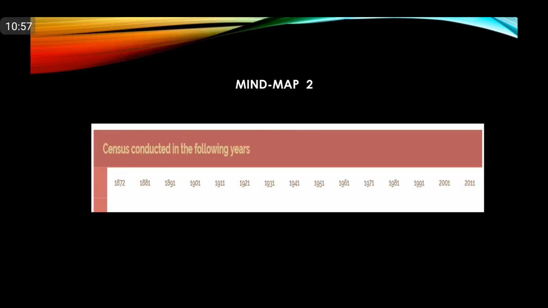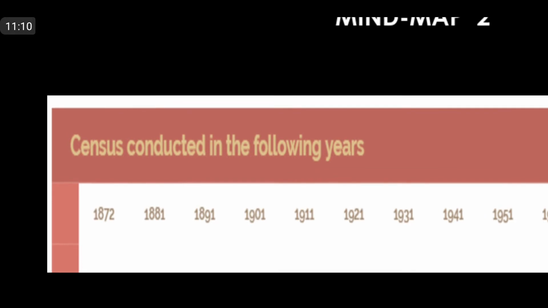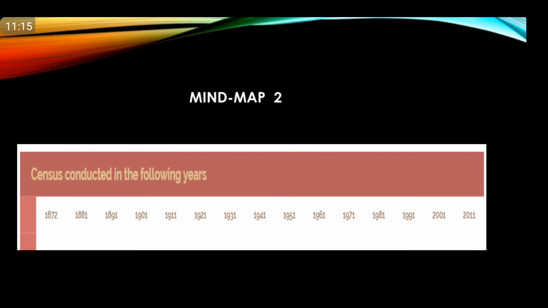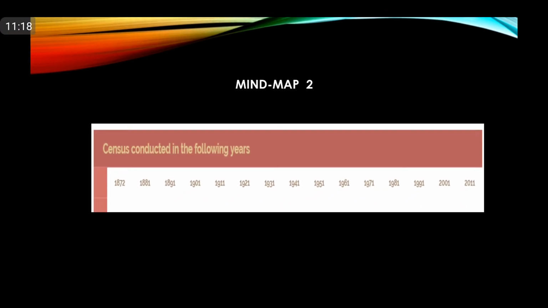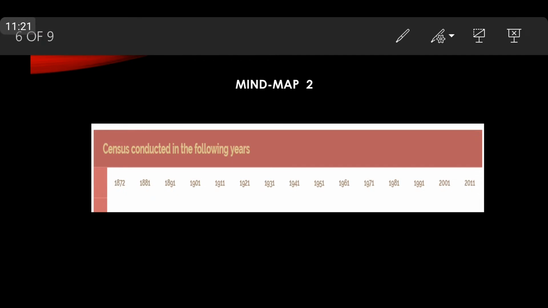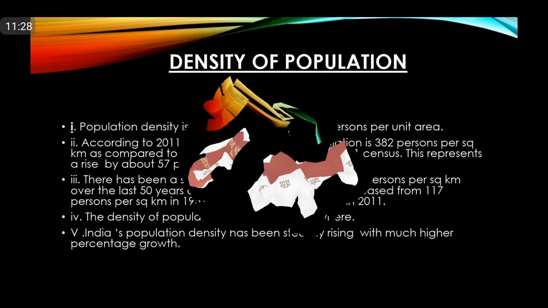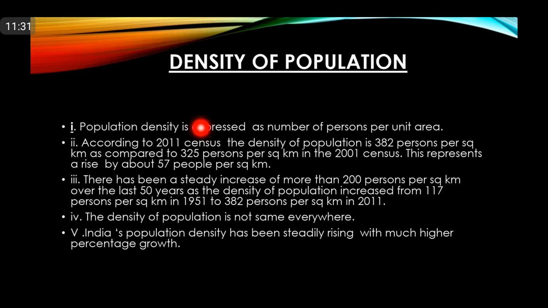There is one mind map which you can see, from 1872 to the last census, 2011, showing the years in which the census was conducted. Usually questions are not asked from here, but maybe if it comes, then in which year it was conducted, or what was the total population of India according to the last census, this type of question is asked.